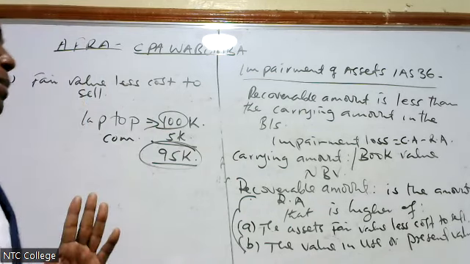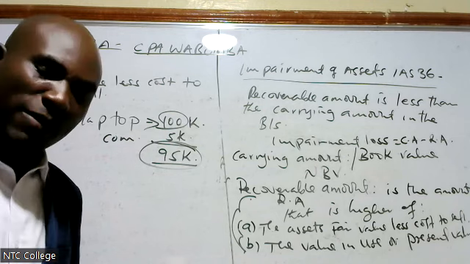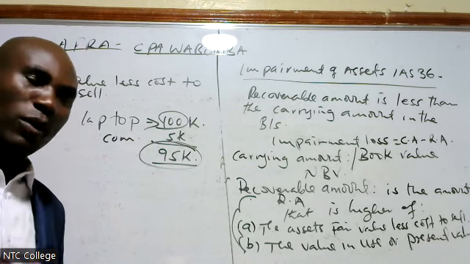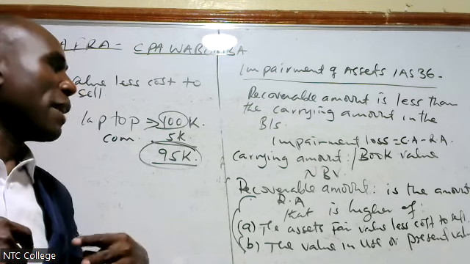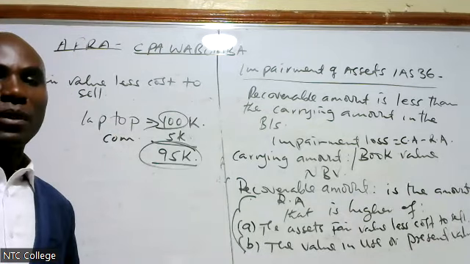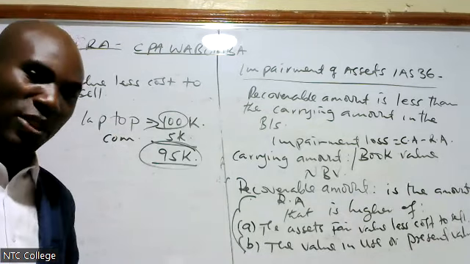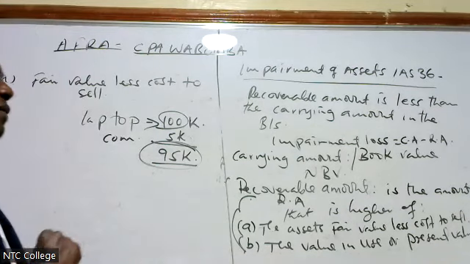Then we come to number B now, the value in use or the present value. Listen very carefully now, my good friend Florence, it's not only the market value that can give you the value of the asset. Also, we have what we call the present value.